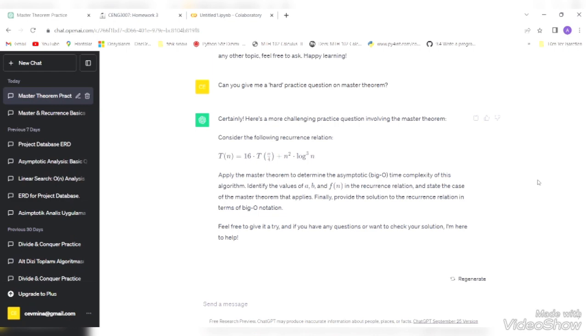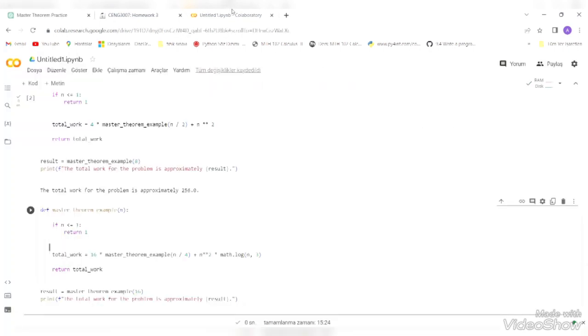So, without diving into the mathematical details, we can say the solution's time complexity is n squared multiplied by log n. Yes, I solved it with the collaborative, and I explain this formula.